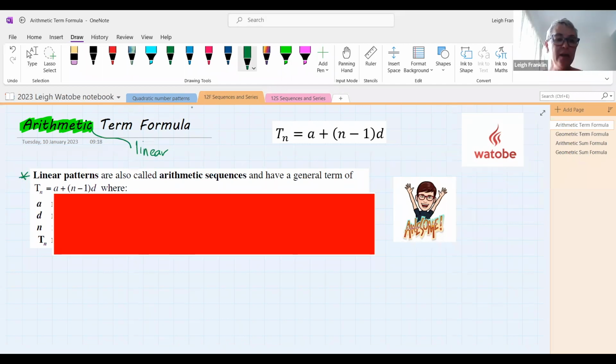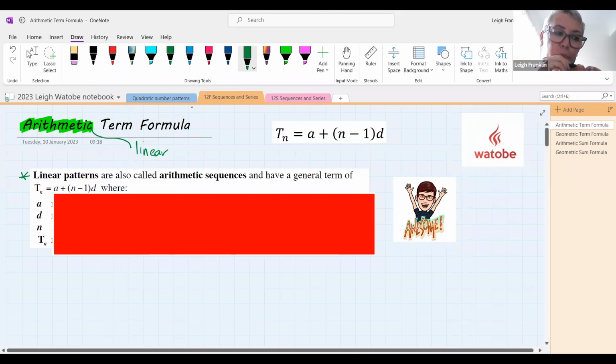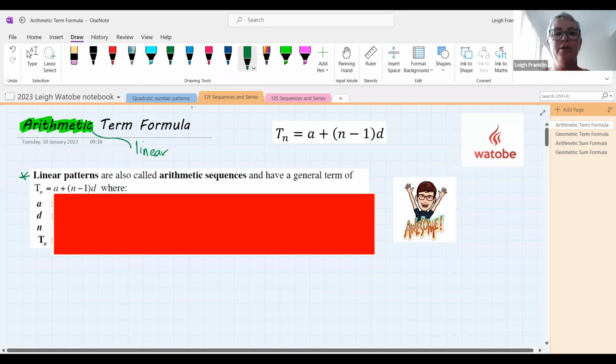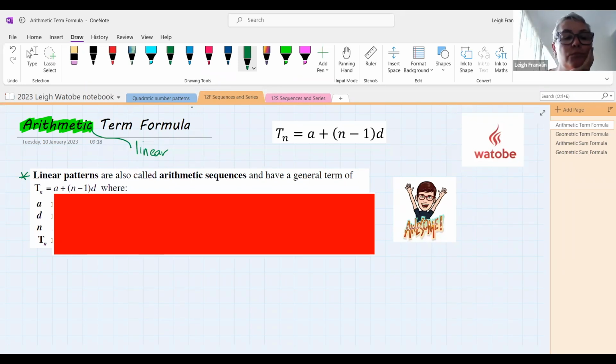If a pattern is linear, what does that mean for us? What is unique to a linear number pattern? All linear number patterns have it. Does anybody know? Let's look at the chat.